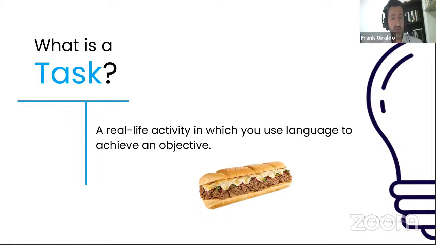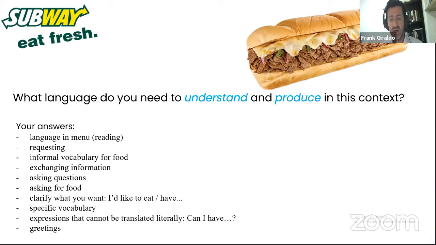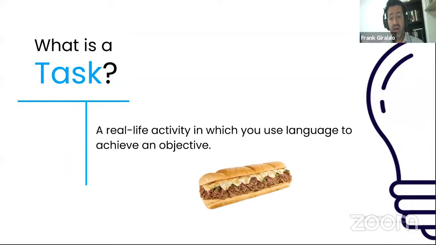Do you need language to participate in this real life activity? Of course you do. All of these things you shared with us. And do you have an objective to achieve? Yes, getting that nice, delicious sandwich in your hand.